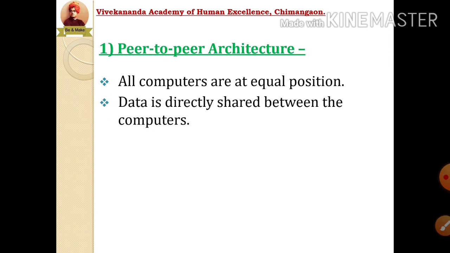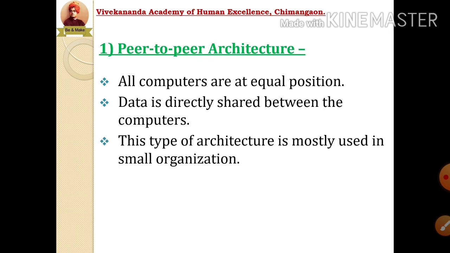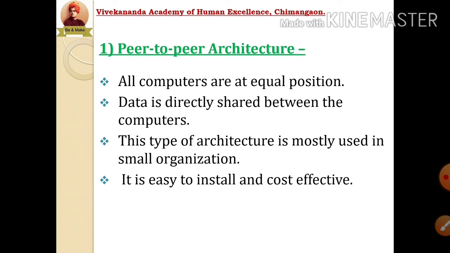Now here, as all the computers are connected with each other, data is directly shared between the computers. They don't require anything in the middle to transmit the data. Generally, this type of network architecture is used in small organizations, and it is also very easy to install and cost effective.